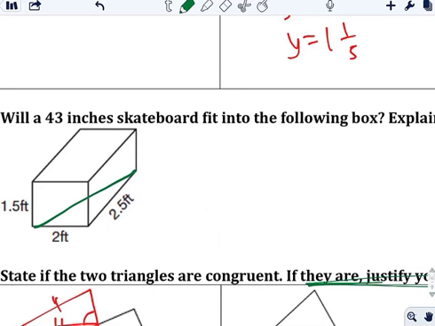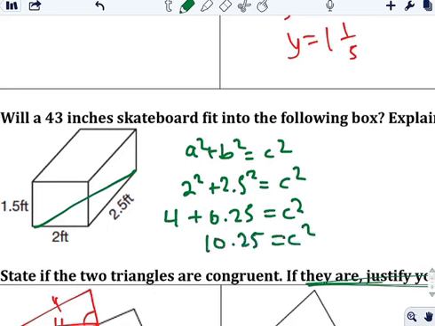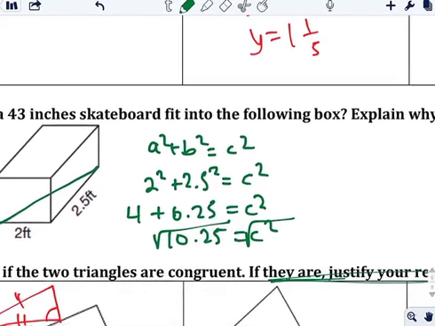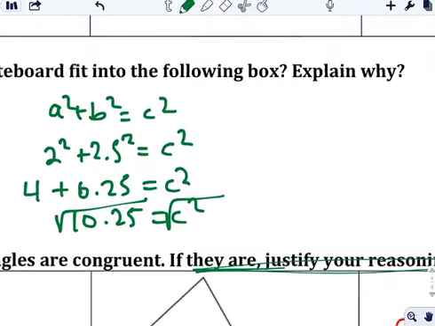So you do a squared plus b squared equals c squared. 2 squared plus 2.5 squared equals c squared. 4 plus 6.25 equals c squared. 10.25 equals c squared. Do not make it into a decimal. Use it for the next one.